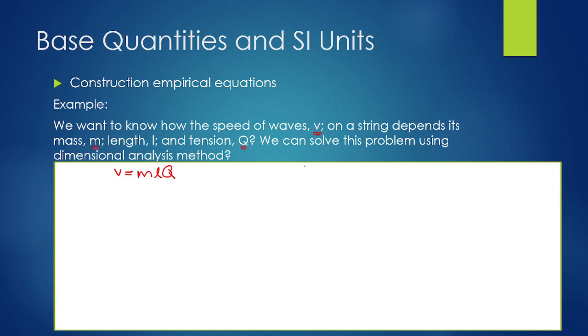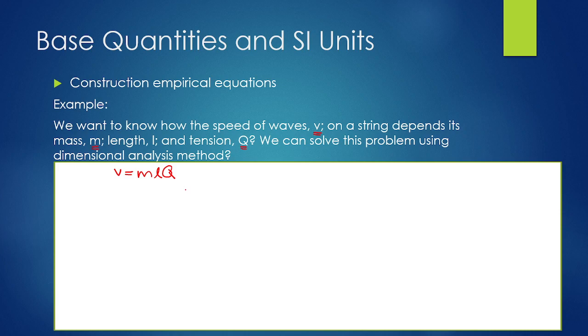I assume this is the speed of a wave on a string, such as the wave when you have a piano, a guitar, or any musical instrument. So how fast is the wave on the string? So v equals m, l, and Q.